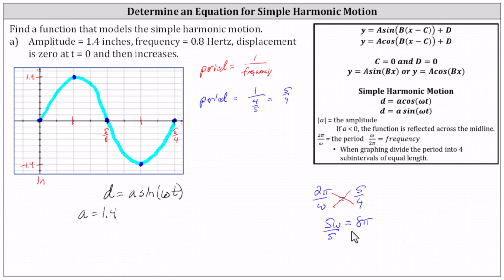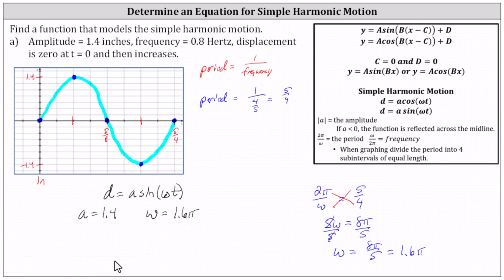Dividing both sides by 5, we have omega equals 8/5 pi, or 8 pi divided by 5. But because a is a decimal, let's write 8 pi divided by 5 as 1.6 pi. We would not want to convert to a decimal unless the decimal terminated.